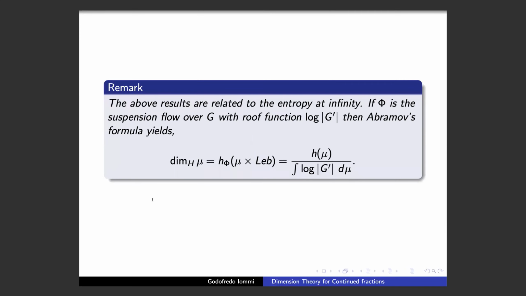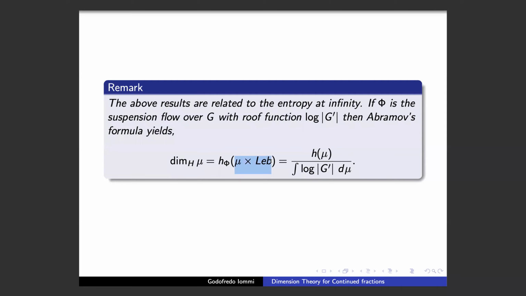So a simple way to relate this is to pick a suspension semi-flow of the Gauss map, where the base function will be the Gauss map and the roof function will be log of the derivative. Invariant measures for the suspension flow can be constructed as the normalized product of an invariant measure for the Gauss map times Lebesgue, mu times Lebesgue.